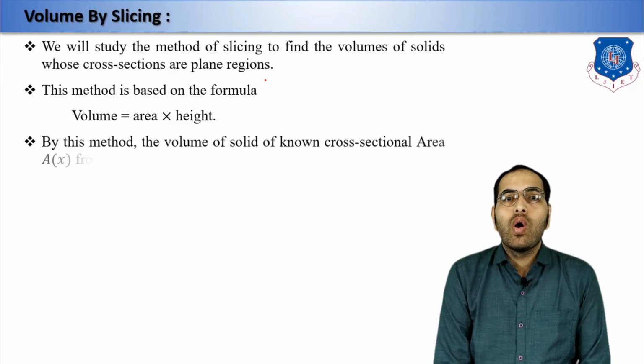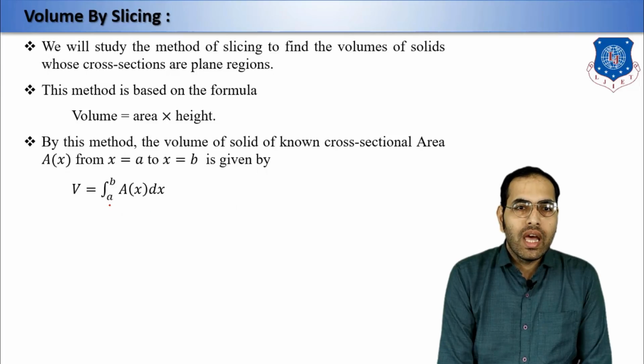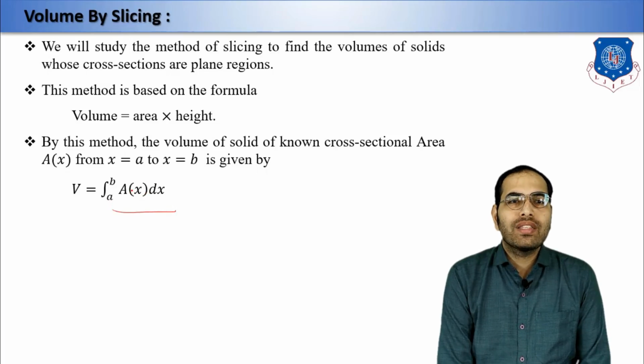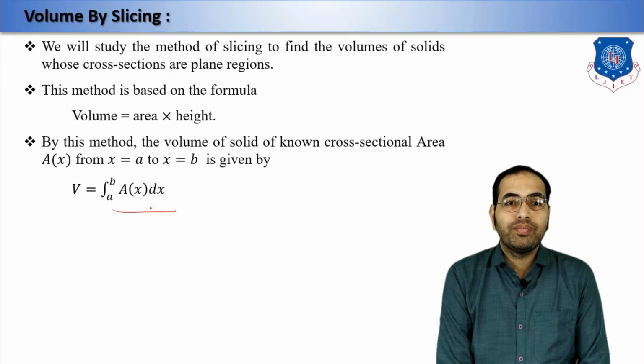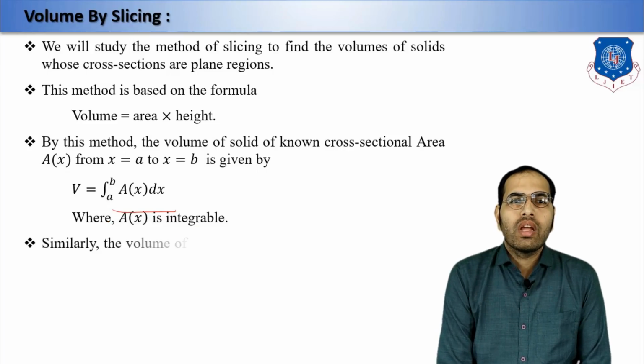By this method, the volume of a solid of known cross-sectional area, indicated by A of x, from x equal to a to x equal to b, is given by V equal to the integral from a to b of A of x dx, where A of x is the cross-sectional area and is integrable.